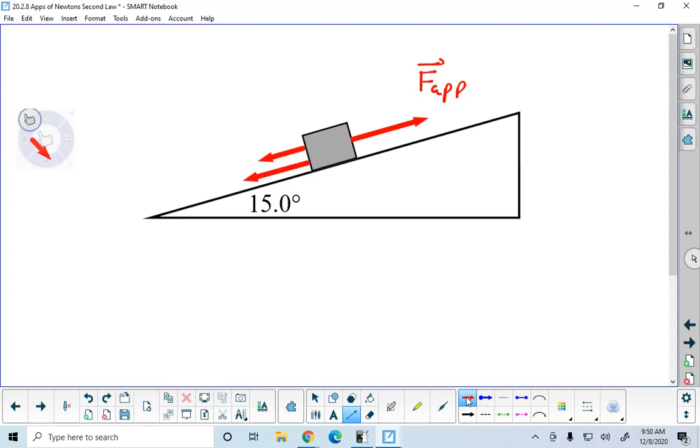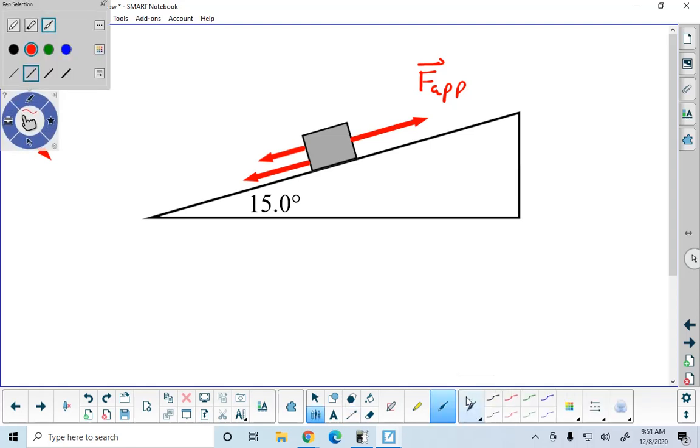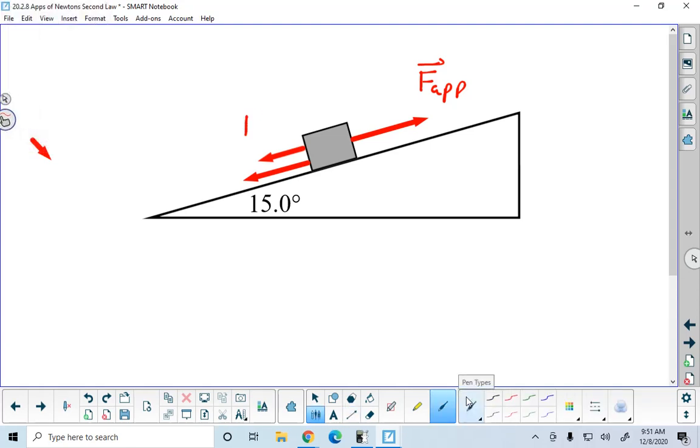There is a force of gravity parallel to the ramp, but there's also a force of friction now. And friction is acting now down the ramp because I'm trying to push the box up. Now things all of a sudden elevated to an entirely new level.